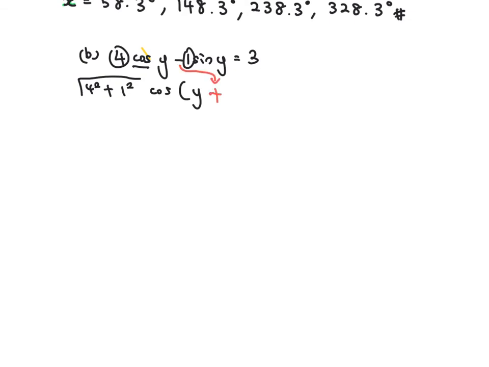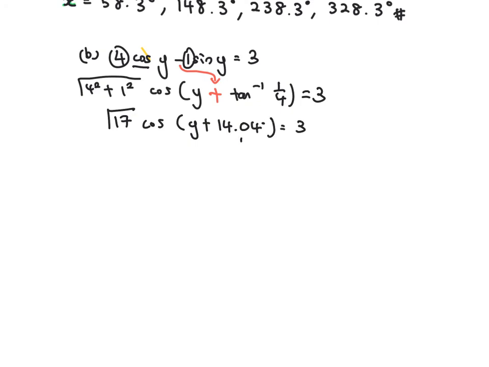Then tangent inverse of the second number over the first number, so it's 1/4. This equals 3. So on pressing the calculator, you get root 17 cosine of y plus 14.04 equals 3. Take note, working must be 2 dp.